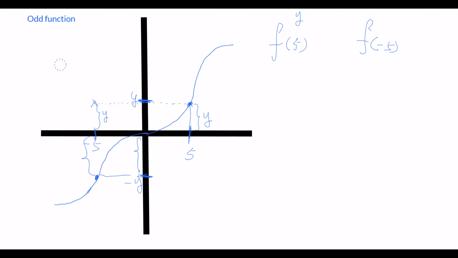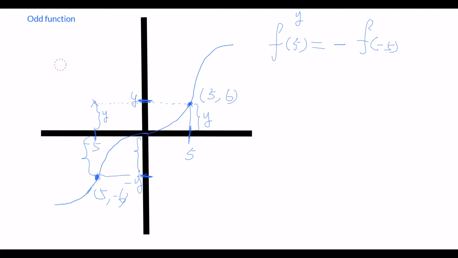Therefore, the difference is the sign. Okay, therefore it means if this point is (5, 6), and then this point is (-5, -6). Okay, this is an odd function.